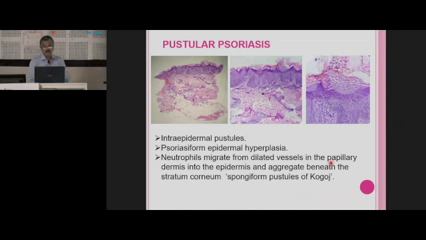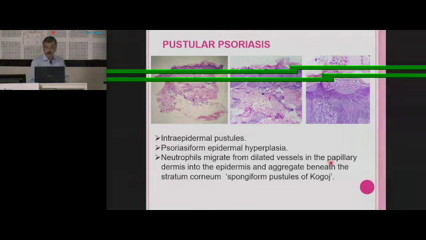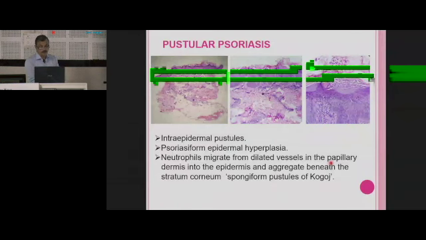They are very rapidly spreading, and this sterile pustule is associated with the constitutional symptoms, and there are no eosinophils seen. If you see the eosinophils, then it will be diagnosed in other conditions. The neutrophils migrate from dilated vessels in the papillary dermis into the epidermis and aggregate beneath the stratum corneum, and the spongiform pustules of Kogoj is very widespread.